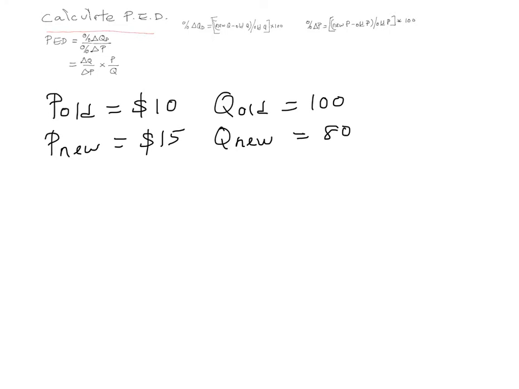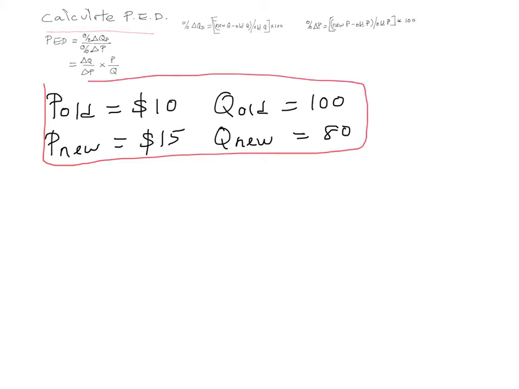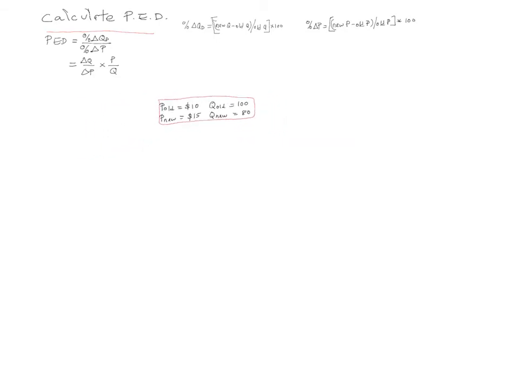Now you want to make as much money as possible, so the question is, should you end up increasing your price? We're going to use these figures and plug them into these two formulas.